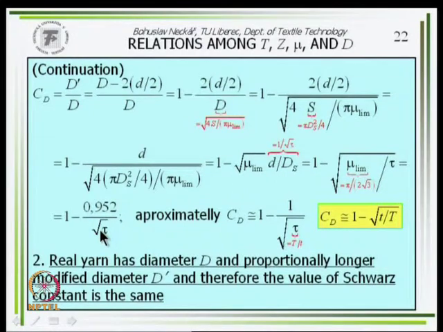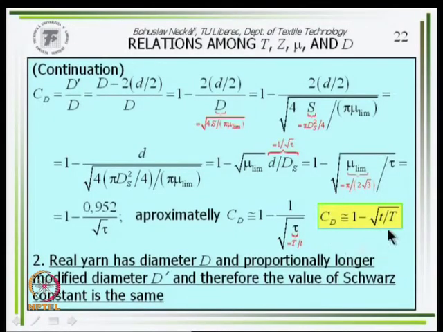And because it is a little rough theory, we can, without too high error, say approximately that CD is 1 minus 1 by square root of tau. When we use tau as t by small t, CD is 1 minus square root of small t by capital T. Well, it was derived for yarn having a limit packing density.